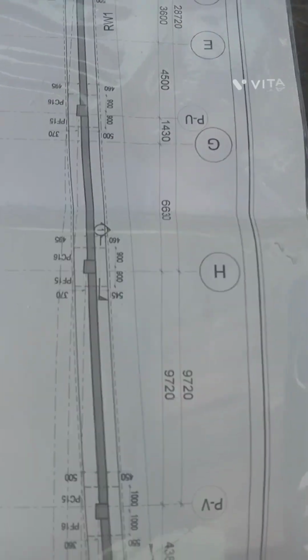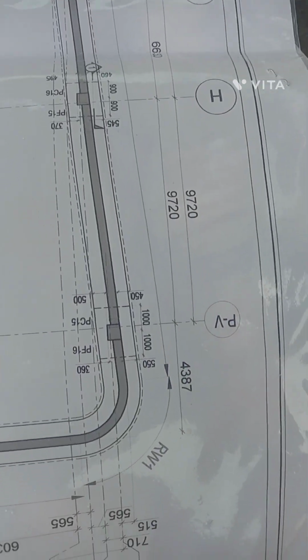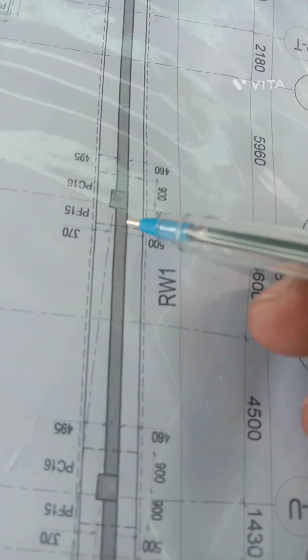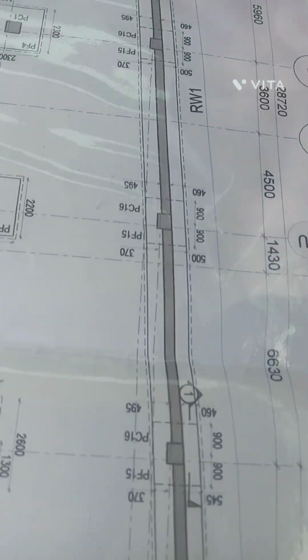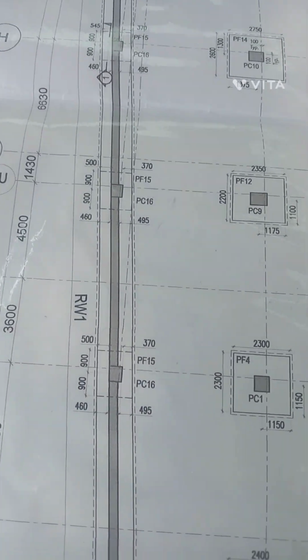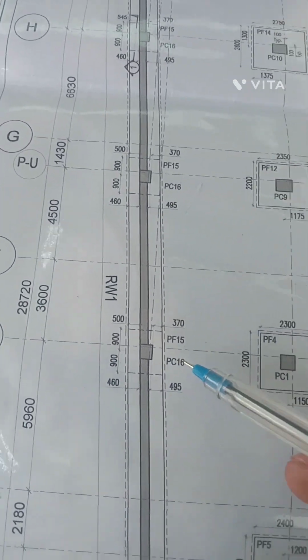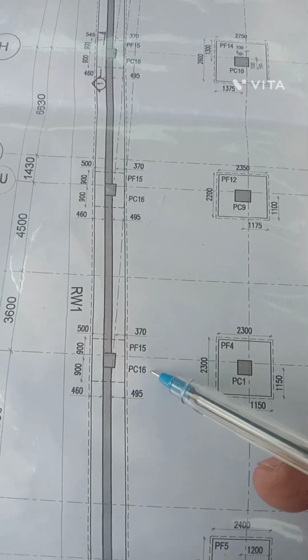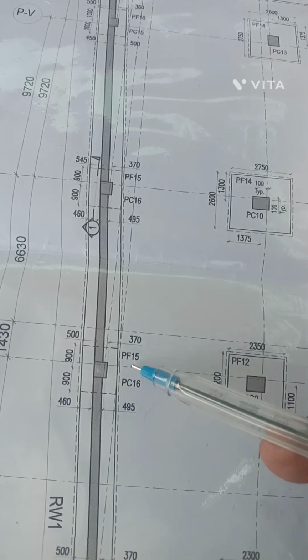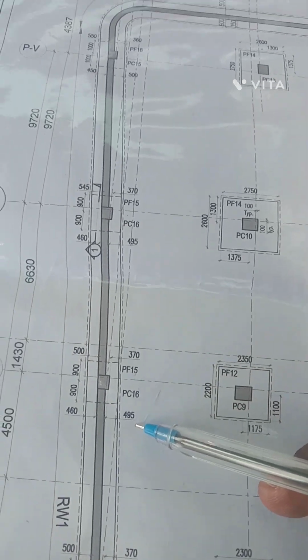Please see, guys, R11 is the retaining wall here, the retaining wall raft and retaining wall showing like that. Please see here some columns and footings are also given. PC16, PF15: PC16 is the column number and PF15 is the footing code. Column codes are mentioned here.